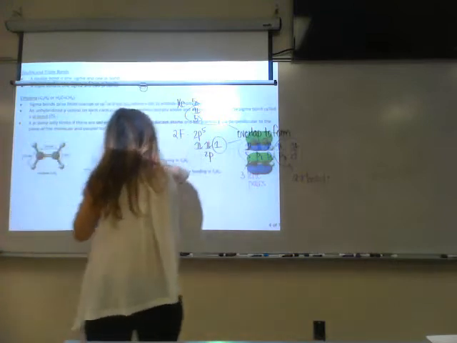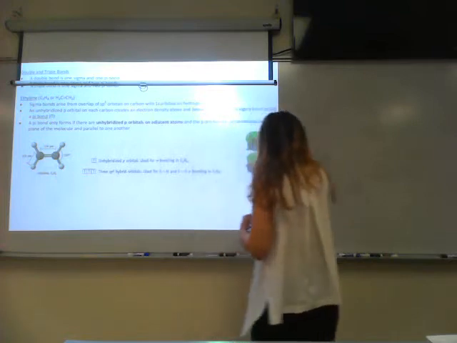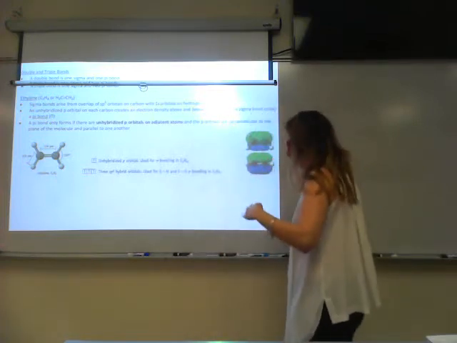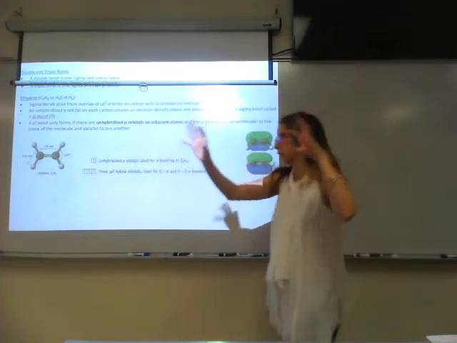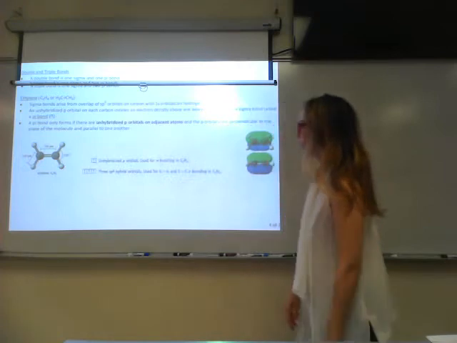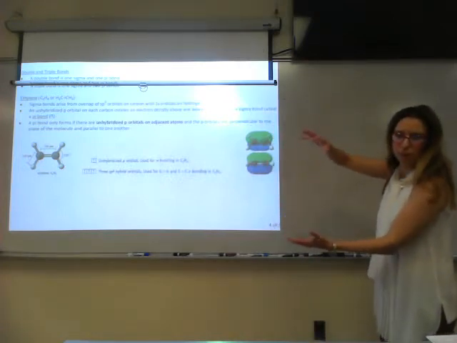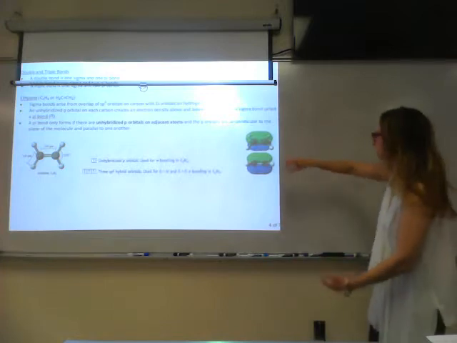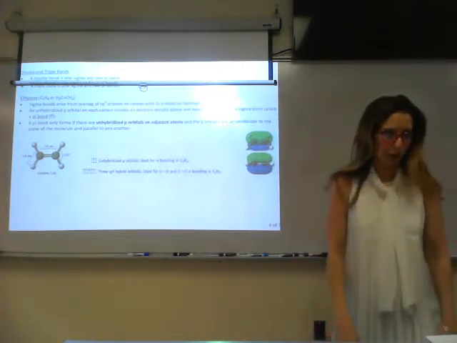Sigma bonds have the electrons concentrated along the axis of the bond, the middle part between the 2 atoms. The pi bonds have the electron density above and below the sigma bond, and that's what they're trying to show you here in green and blue.